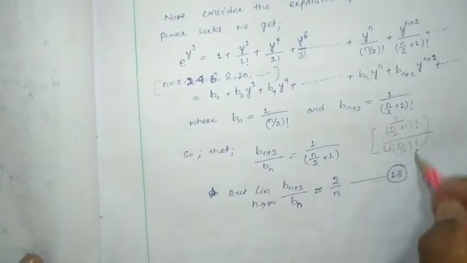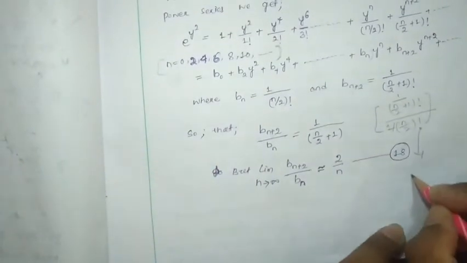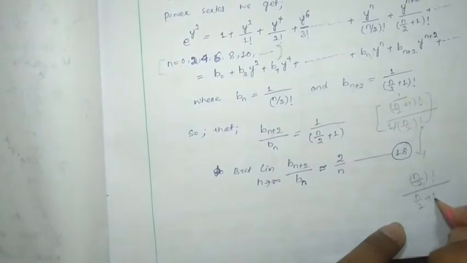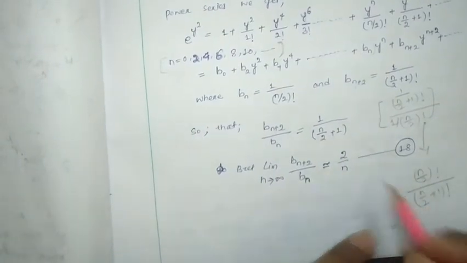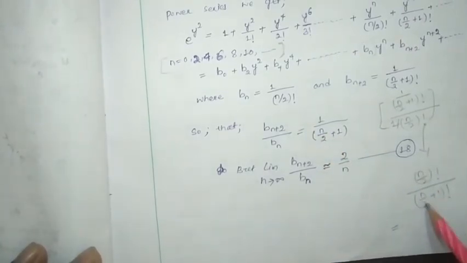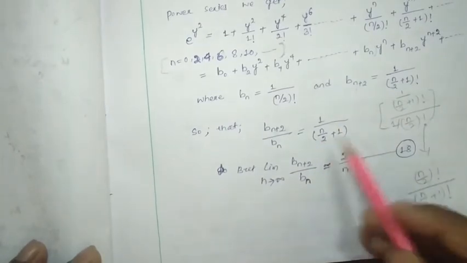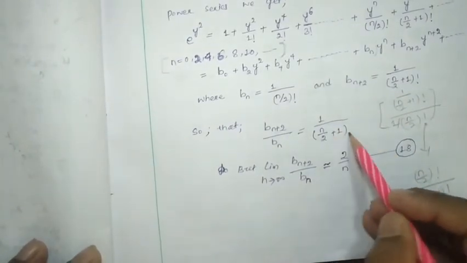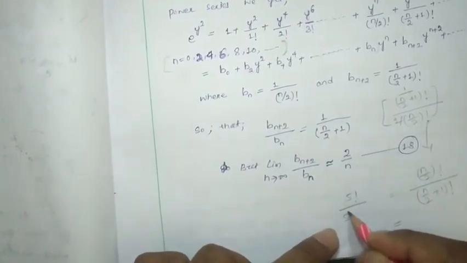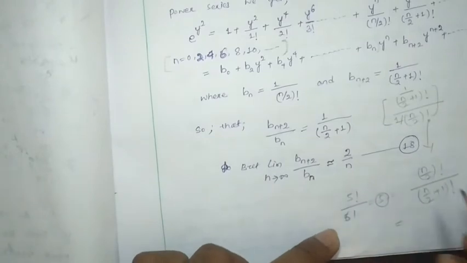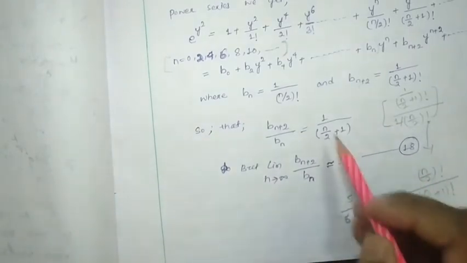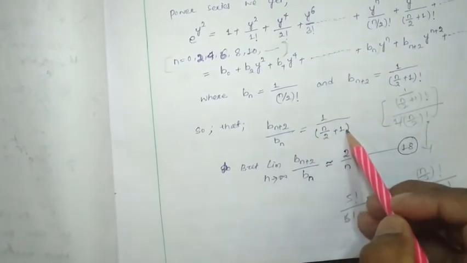So this will be nothing but n by 2 factorial divided by n by 2 plus 1 factorial. That means 1 by n by 2 plus 1. Because see, 5 factorial by 6 factorial is how much? 1 by 6. Like that, n by 2 factorial divided by n by 2 plus 1 factorial means it will be 1 by n by 2 plus 1.